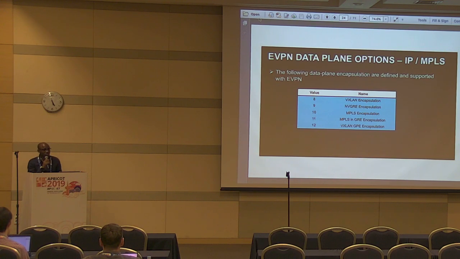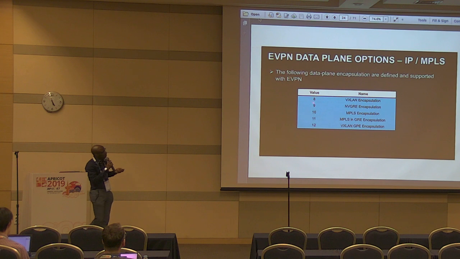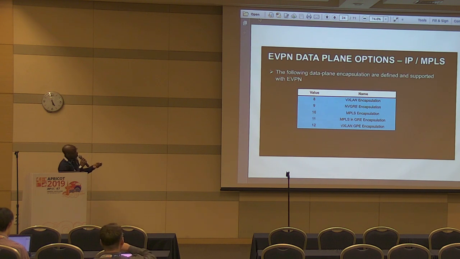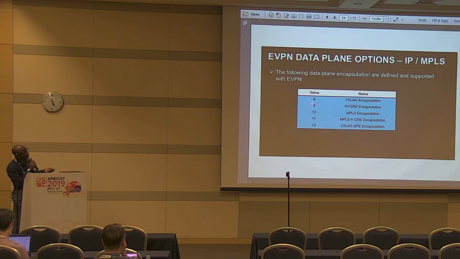That is why the draft for VXLAN encapsulation in the data plane was written. These are the values allocated by IANA for each of those data plane encapsulation protocols, and they are carried as part of the BGP extended community, which I'll show you in a bit.